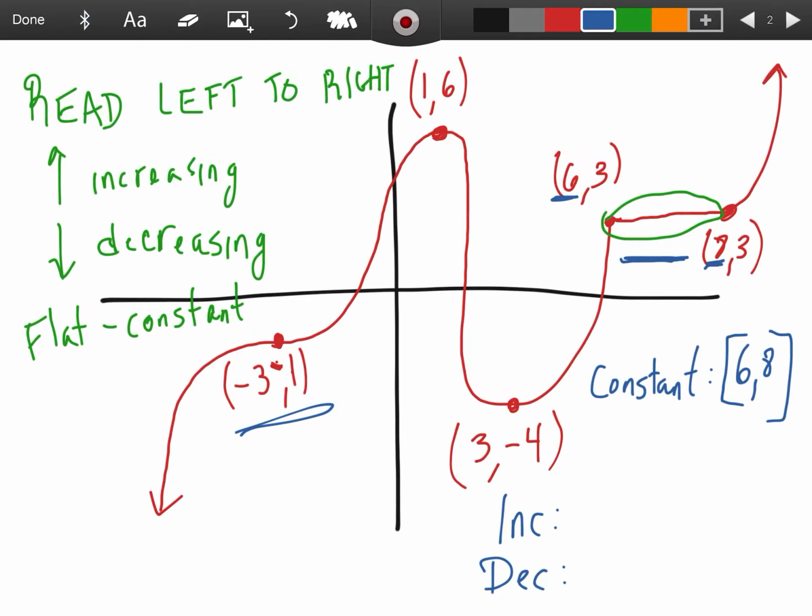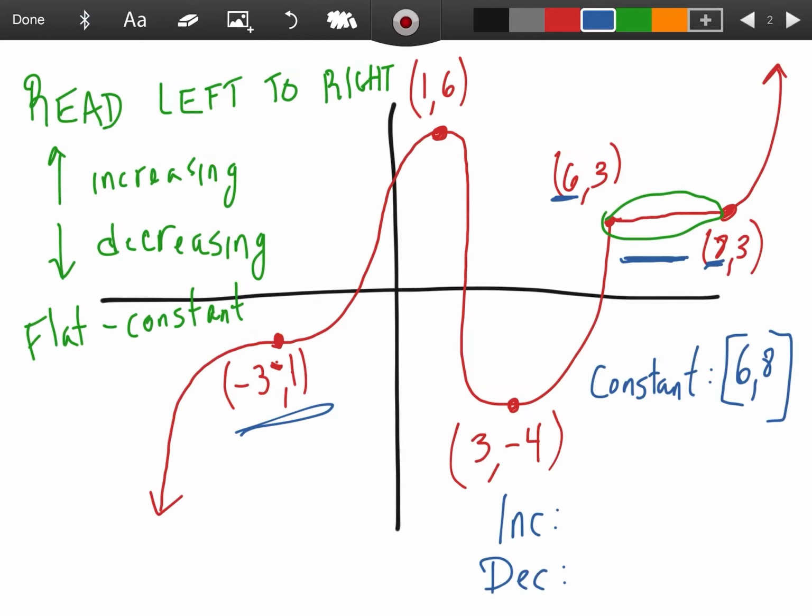We put brackets on each of those because those points are filled in. When we get into discontinuities at the beginning of next week, sometimes we might have parentheses in case there is a discontinuity. But for now, because those points exist on the graph, we are using brackets to say it's constant from x equals 6 to x equals 8.